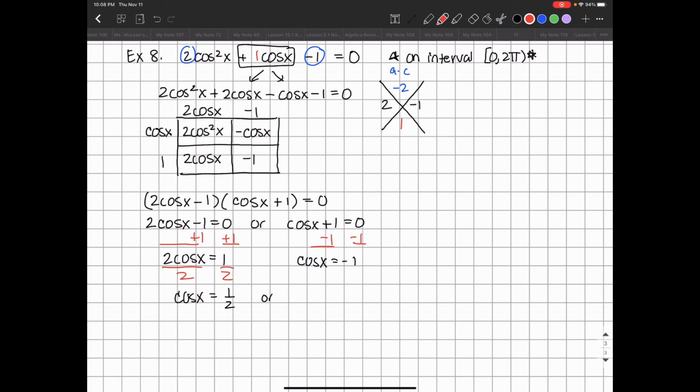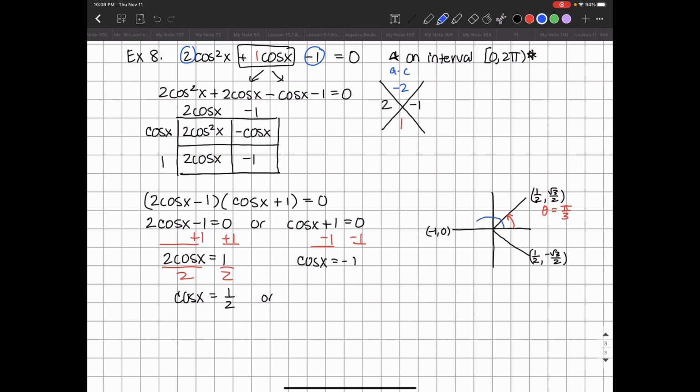Now I'm going to use my unit circle to figure this out. I know that for cosine of x to be positive 1/2, my x value needs to be 1/2. So I have two options here: 1/2, square root of 3 over 2 is the point, or 1/2, negative square root of 3 over 2, is the point where x is positive 1/2. I also am looking at where x is -1, so that's here, -1, 0. For this one, I know that the angle is pi over 3.